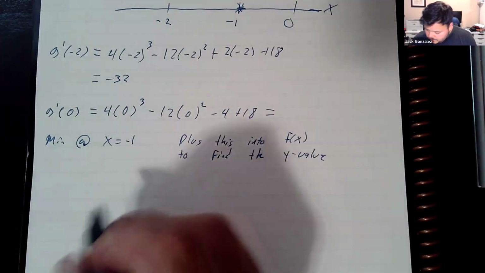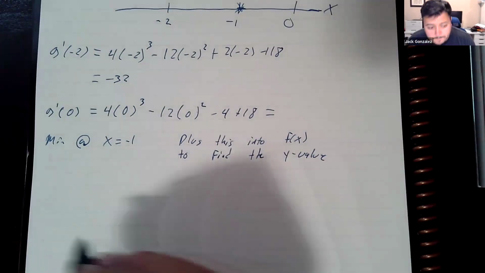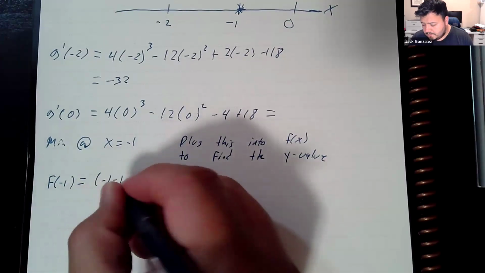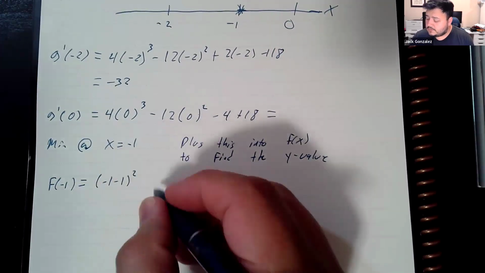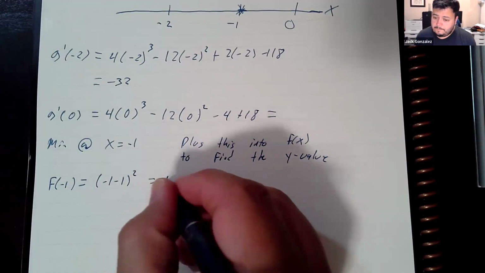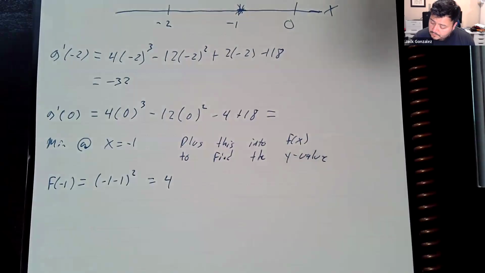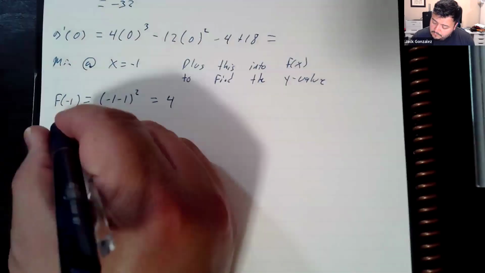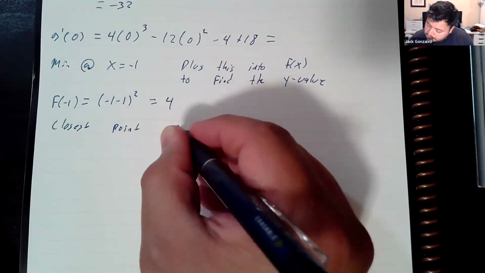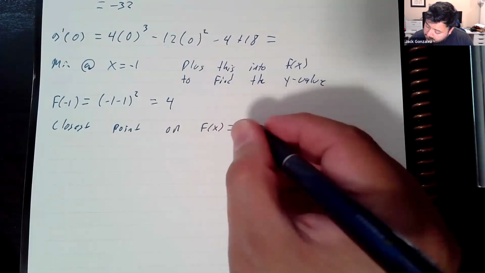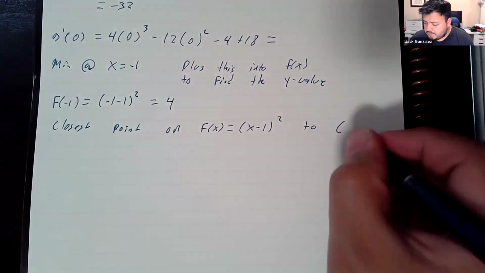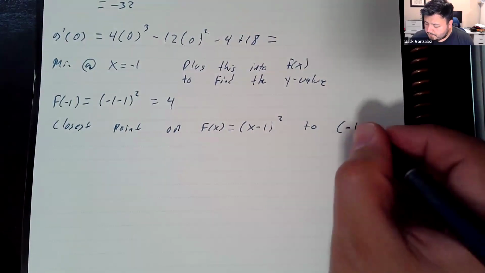So f of -1 is equal to -1 minus 1 squared, because it was x minus 1 squared. It's a parabola. That gives us a 4. So the closest point on f of x equal to x minus 1 squared is -1, 4.